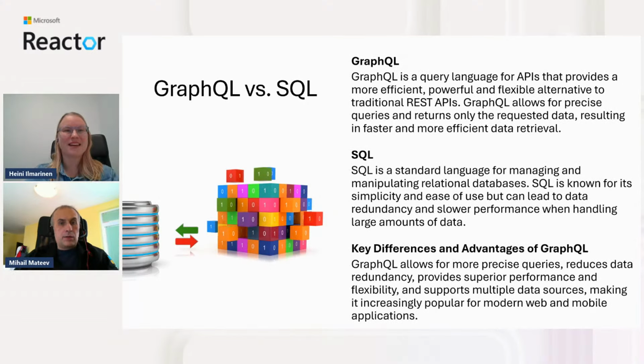Okay. A comparison between GraphQL and SQL is good to be clarified because with SQL, actually we have a simple standard language that is used for simple queries and management of data.